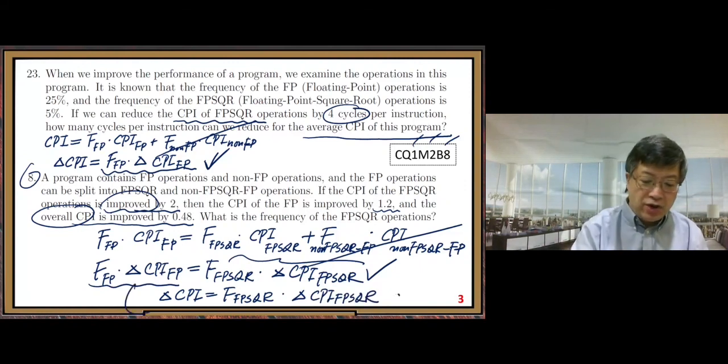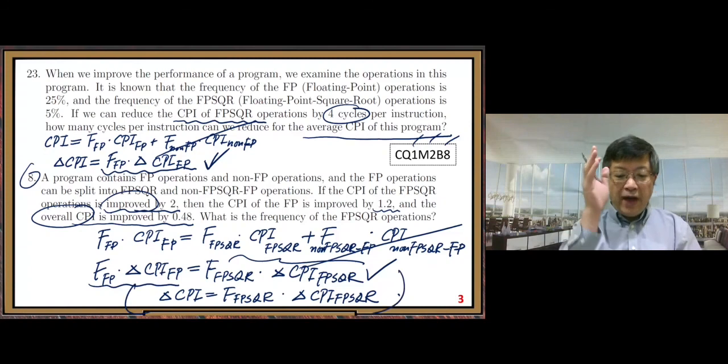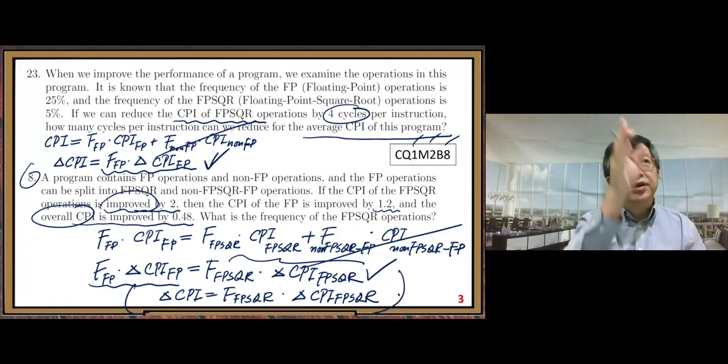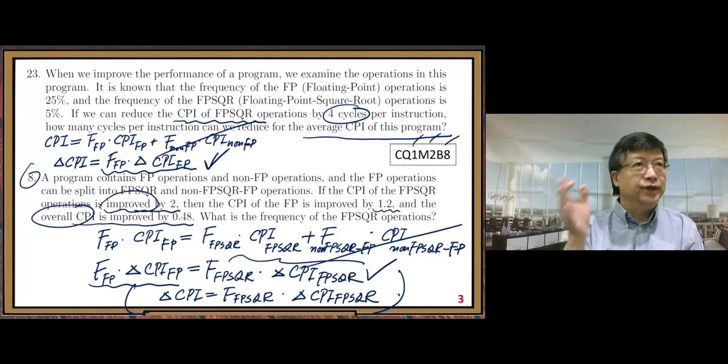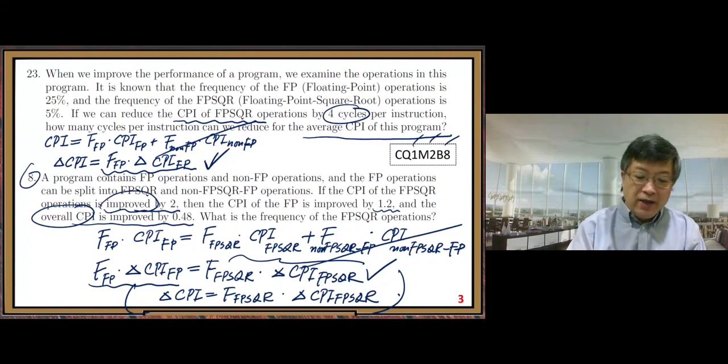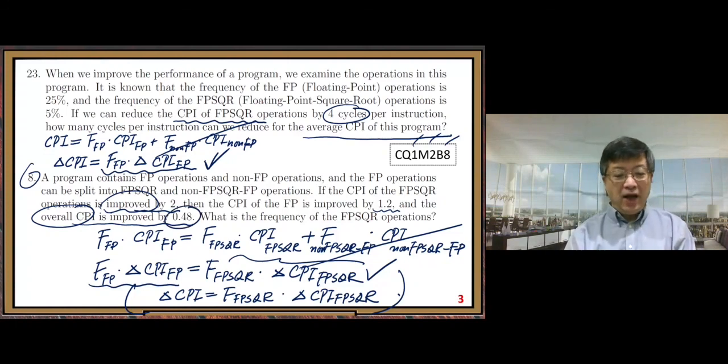This last equation is what we need to get the answer for this question. What is delta CPI? Overall CPI improved by 0.48. That's the delta CPI.